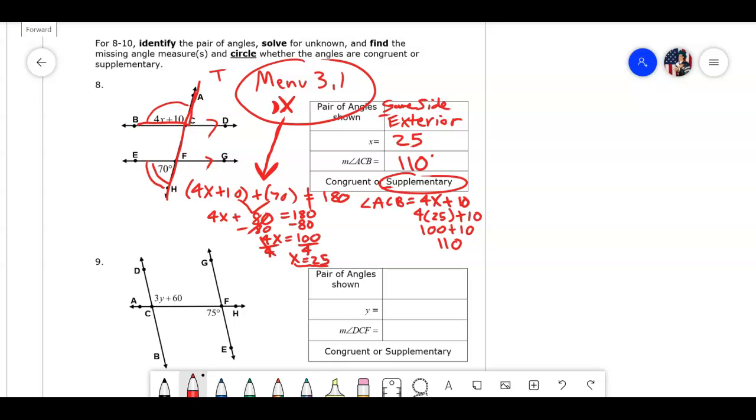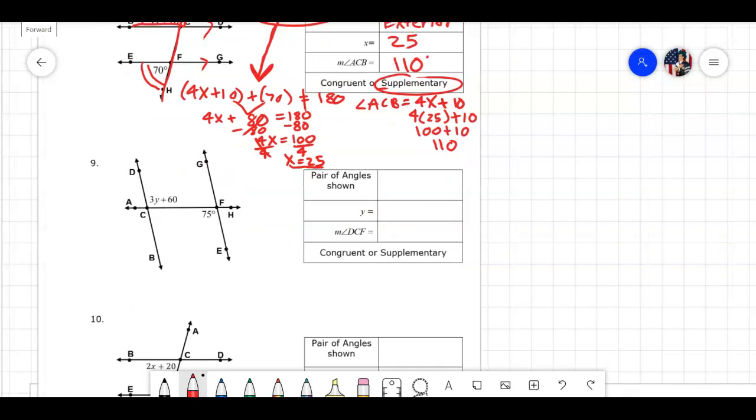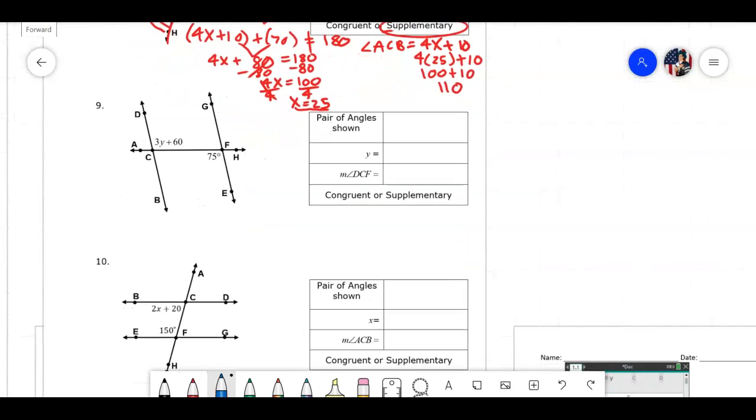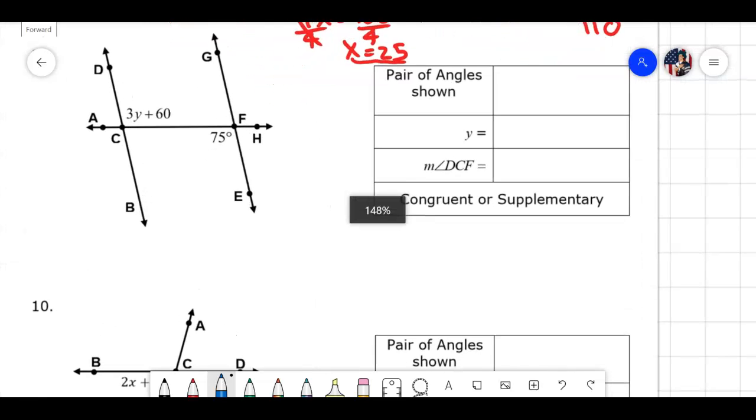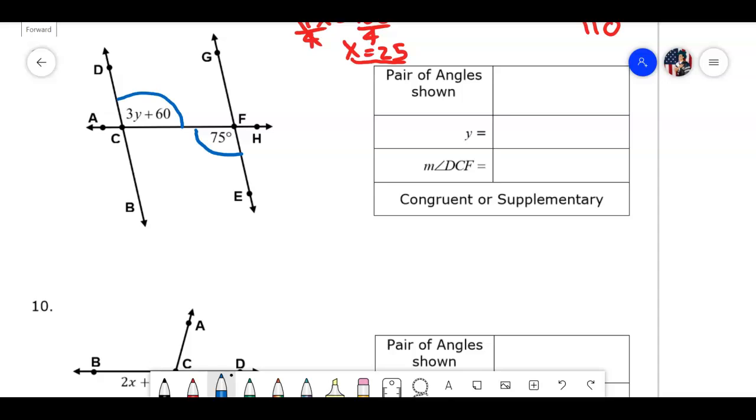Again, you could just type in 4 times 25 plus 10 in your calculator and get the answer as well. Now, number 9. This angle is obtuse, and this angle is obtuse looking. I know this number doesn't match if it says 75, but the main thing is they visually match.